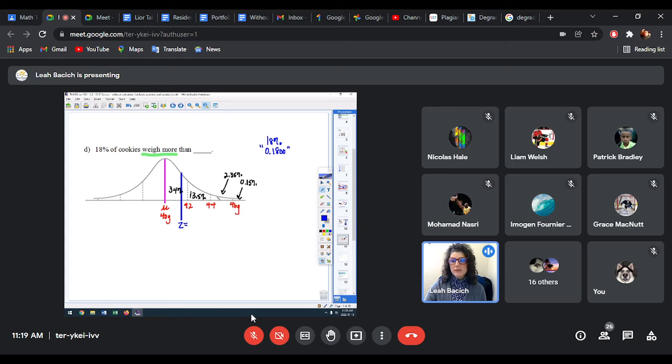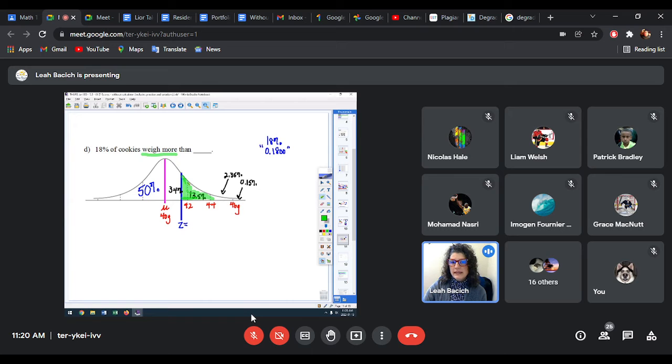So 18% more here. Well, if we think about it, this is 50% on this side. So 18% more than a certain amount would have to be over here in this area right here. Okay, so that's the region I need to find. So I'll just shade it in so that you know where we're looking.